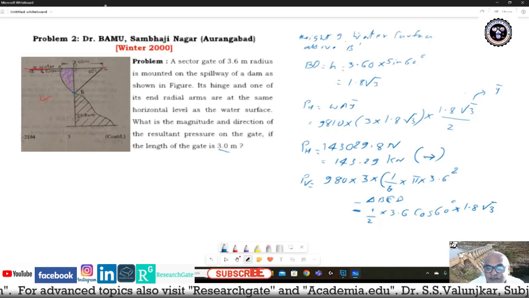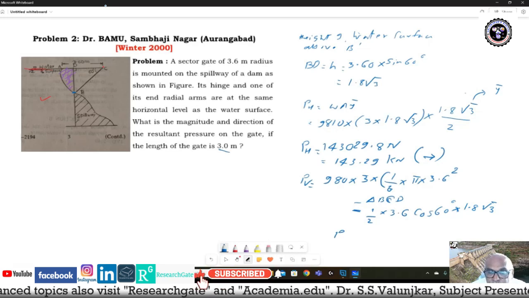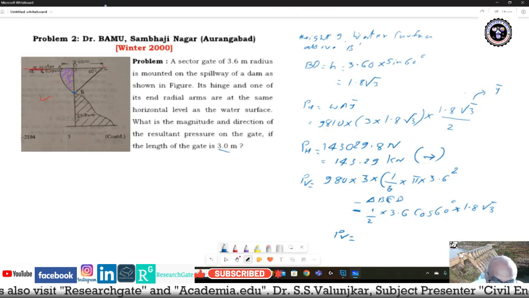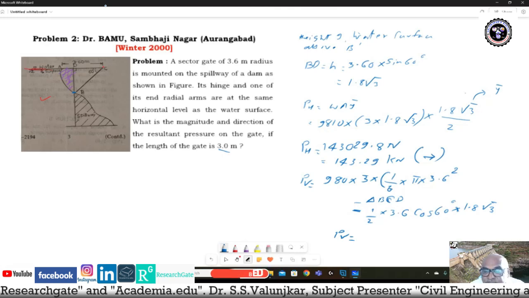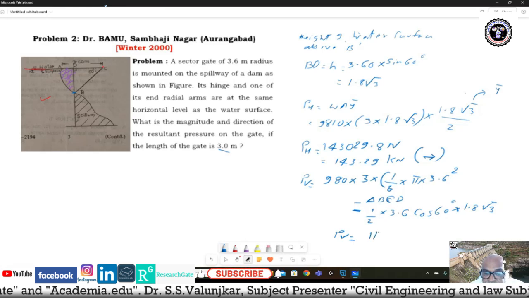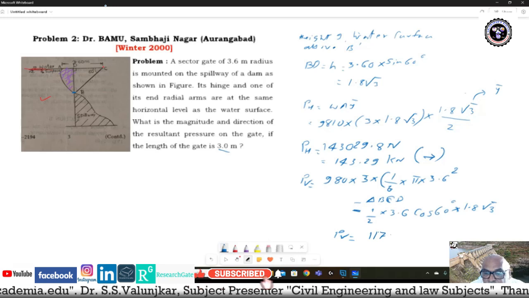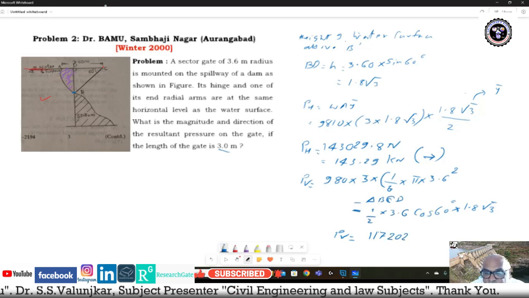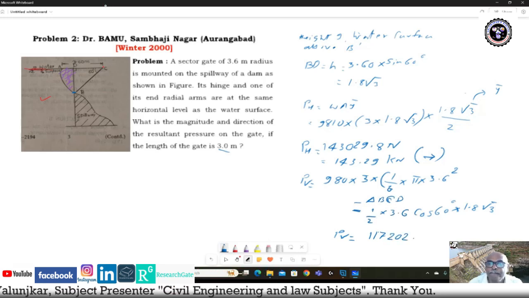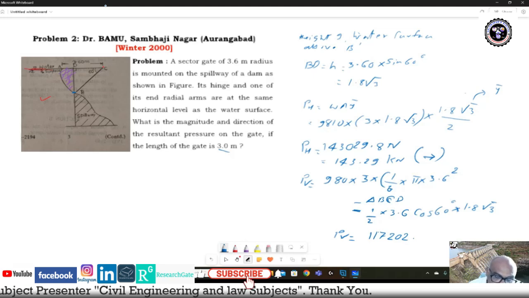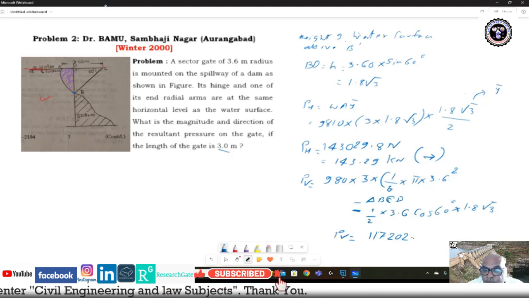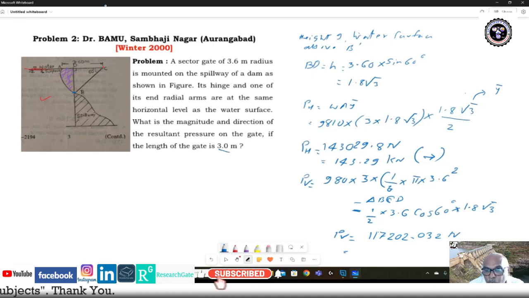So PV is equal to 117.032 Newton, that is 117.202.